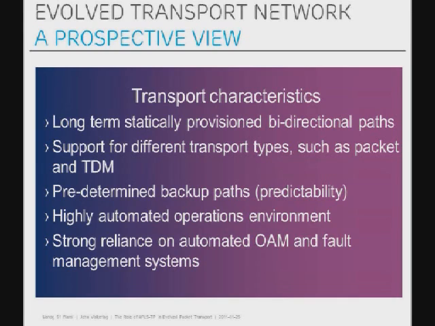And transport networks are highly automated. Last but not least, in order to build a next generation evolved infrastructure, you need to rely on automated OAM capabilities to deliver the fault management capabilities that are needed for operating a large transport infrastructure.